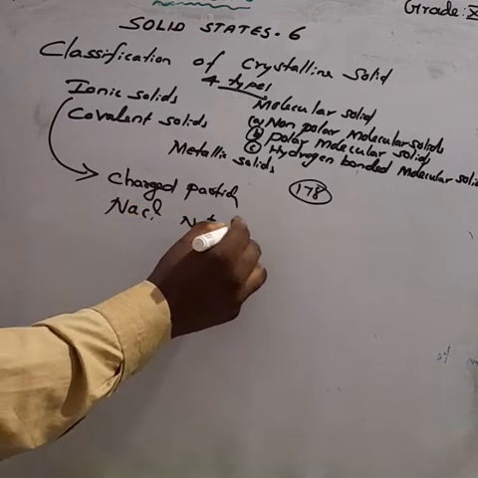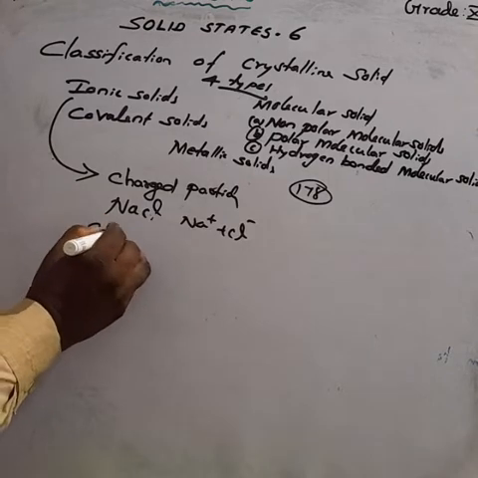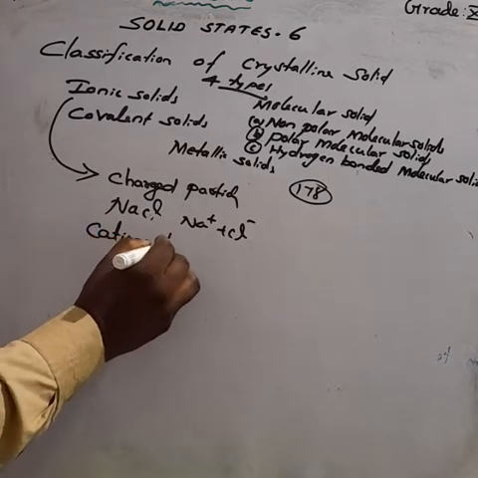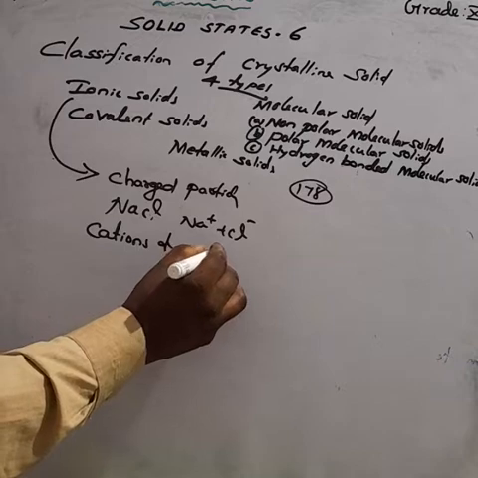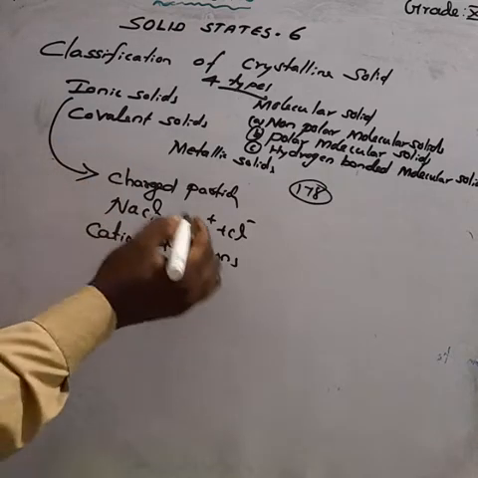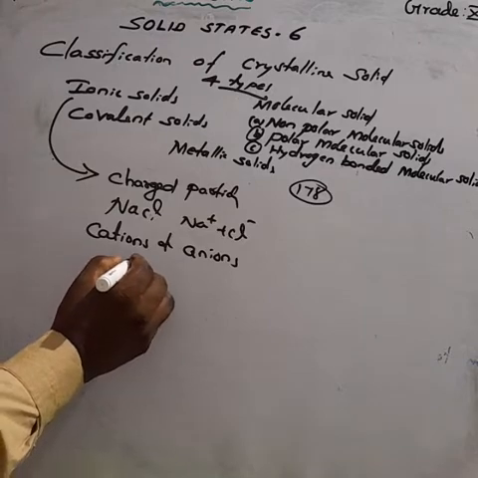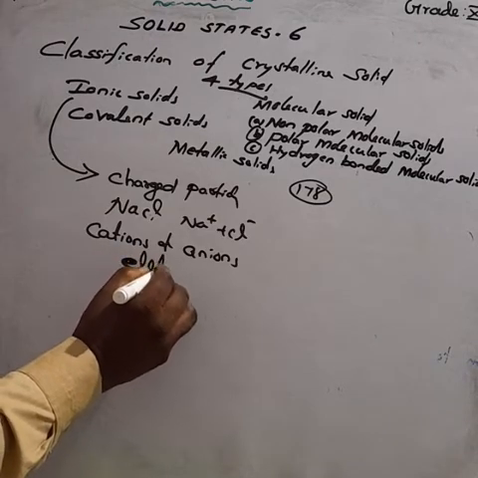The structural units of ionic crystals are cations and anions. Here the ionic crystals are bound together by a strong electrostatic attractive force.